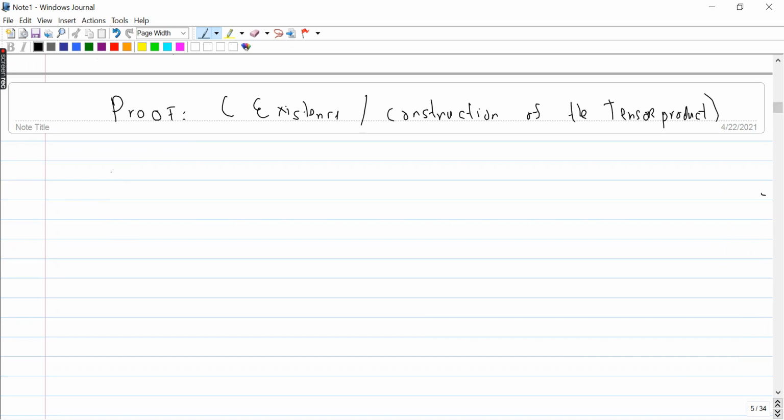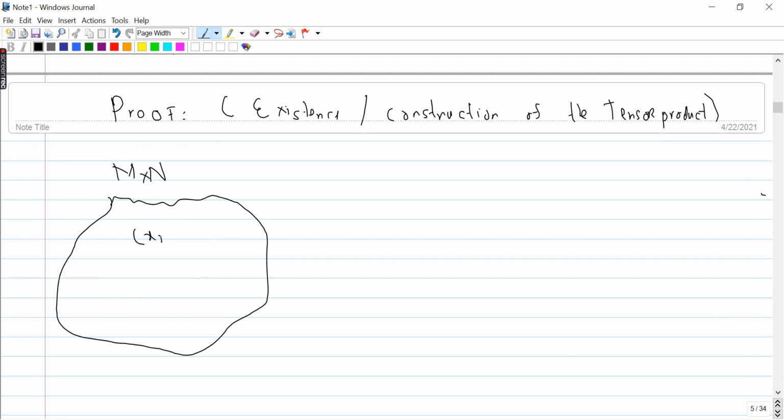So we know that M cross N contains elements in this form, which are in the form of x comma y.